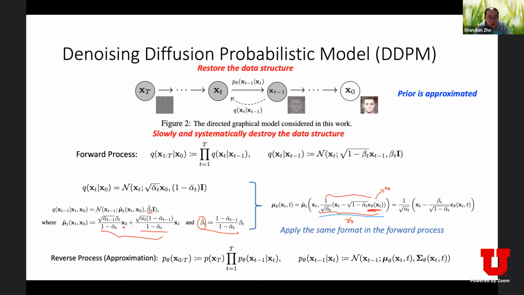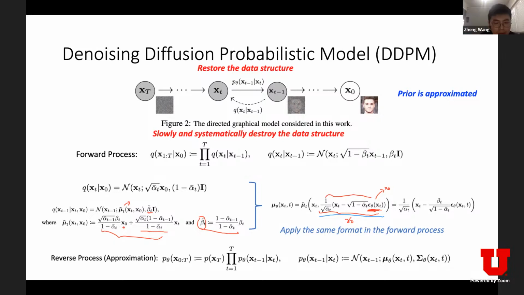My question is, why not they just model this one as a neural network where the input is xt, perhaps including t? Because we don't know x0. x0 is actually the image we want to generate finally, right?